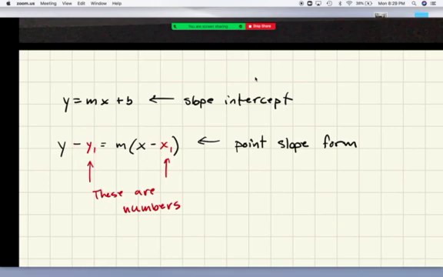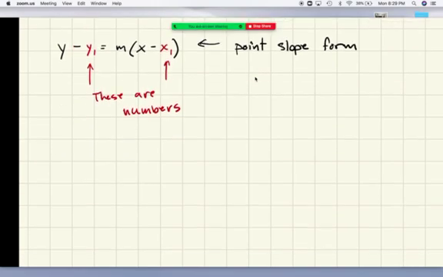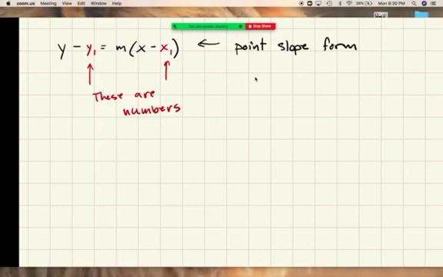And then the last one is standard form, and that looks like a times x plus b times y equals c, where all three of a, b, and c are numbers.